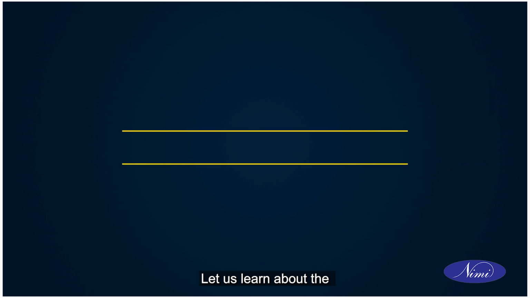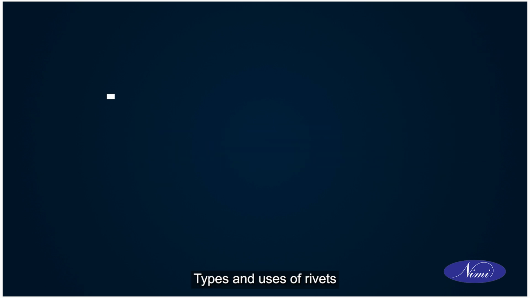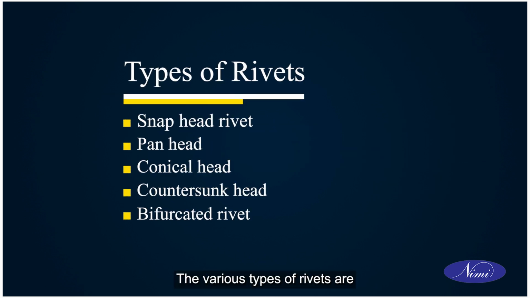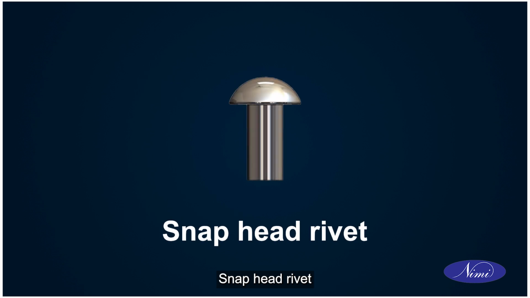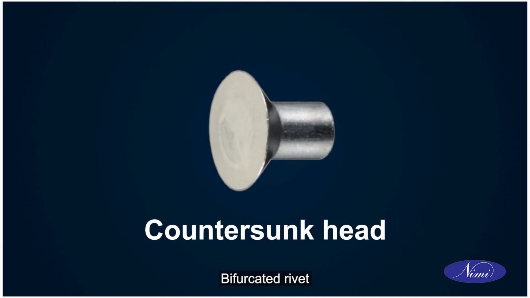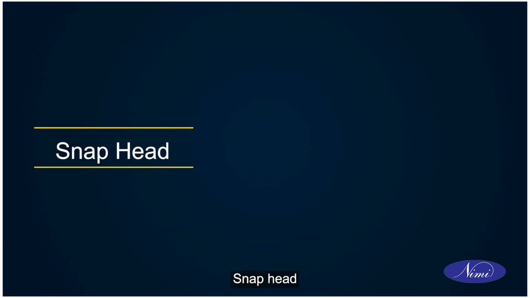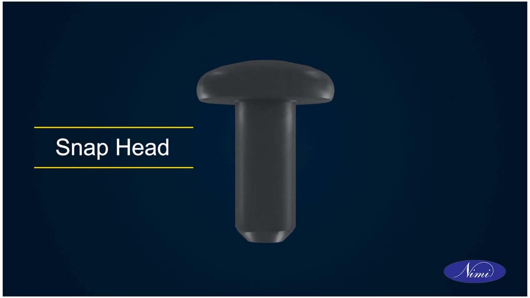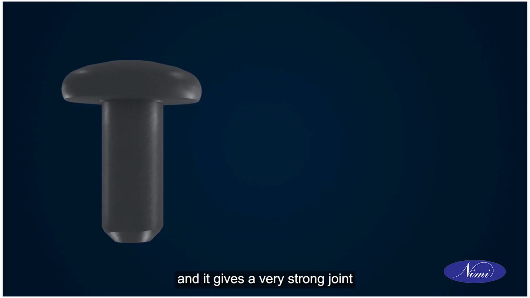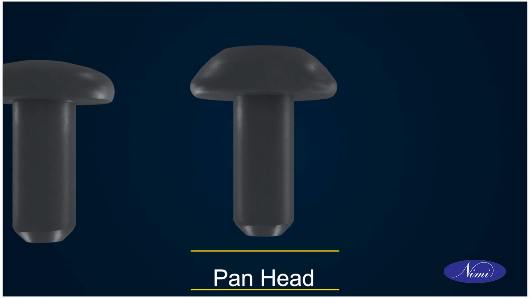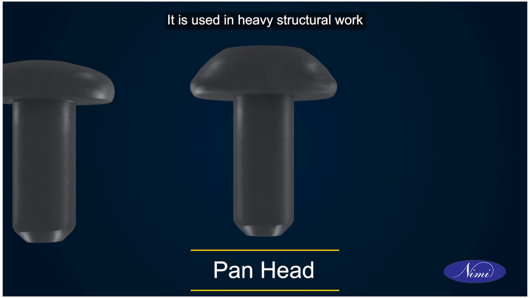Let us learn about the types and uses of rivets. The various types of rivets are snap head rivet, pan head, conical head, countersunk head, bifurcated rivet. Let us learn about each of these one by one. Snap head. It is the most commonly used form and it gives a very strong joint. Pan head. It is used in heavy structural work.